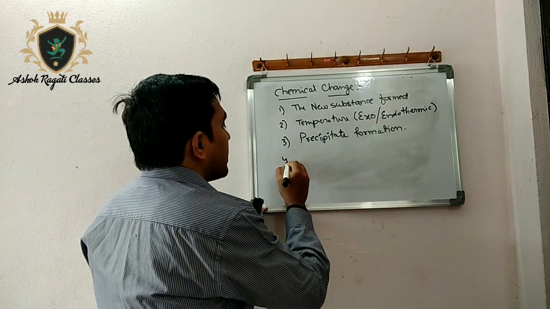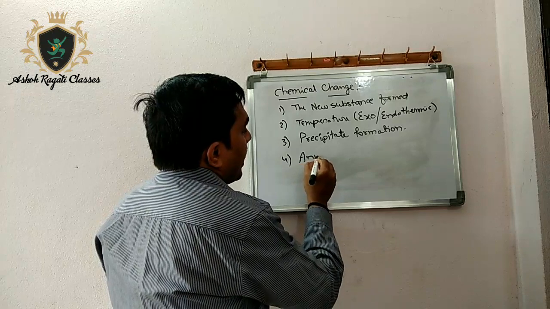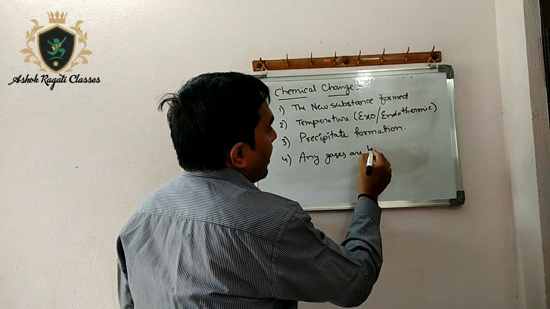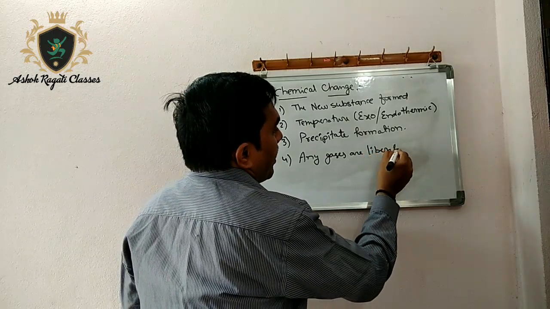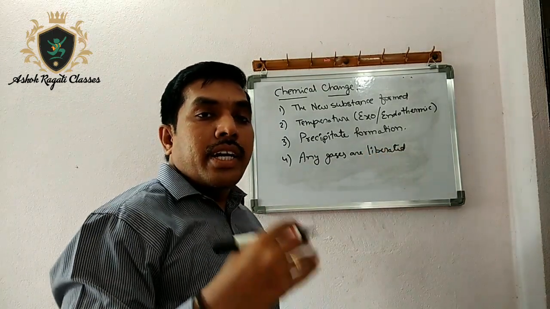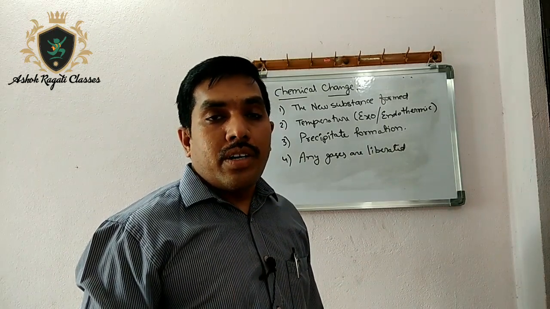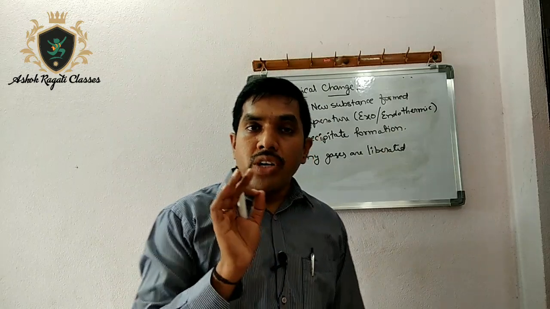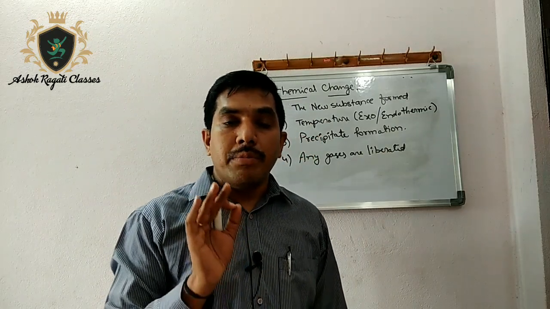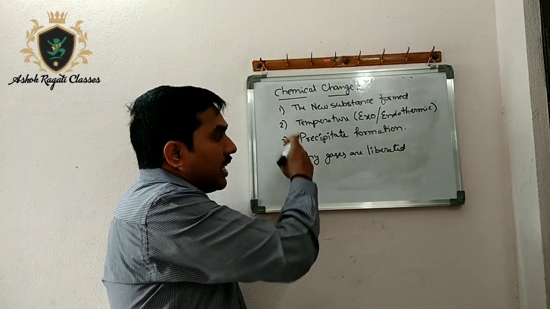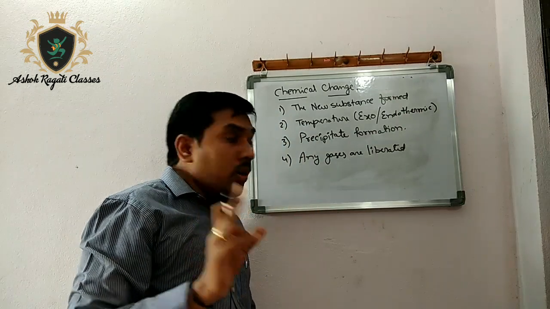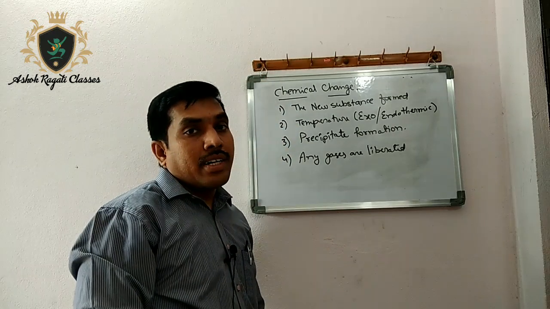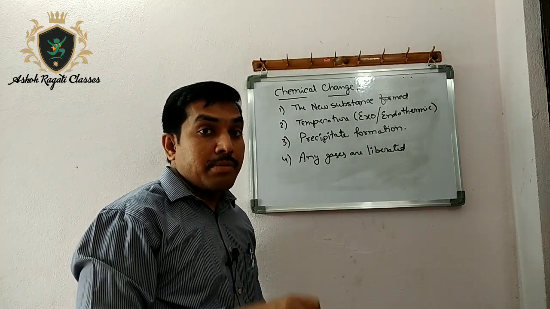And the last one is any gases are liberated. If any gases are coming from the reaction, we can say that it is a chemical change. One more important point to remember: we said four characteristics, but there is no rule that all characteristics should be present in the same chemical reaction.